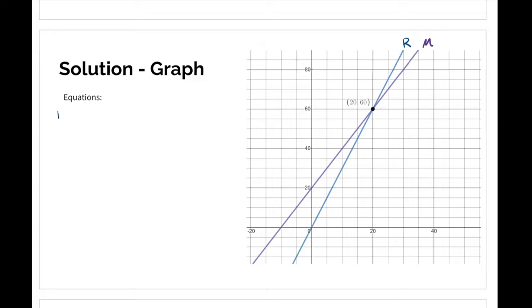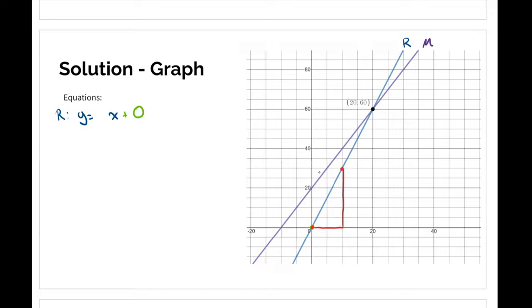Now for Radical Island, when we were graphing this, we had to come up with an equation. From the graph here, we can see that Radical Island has a constant of 0. So we know the equation will be y equals something x plus 0. To figure out the multiplier, we can look at two nice points we've indicated here and do a rise over run.